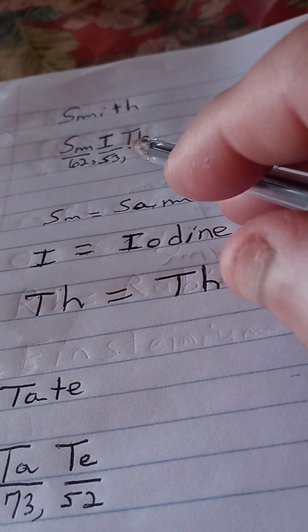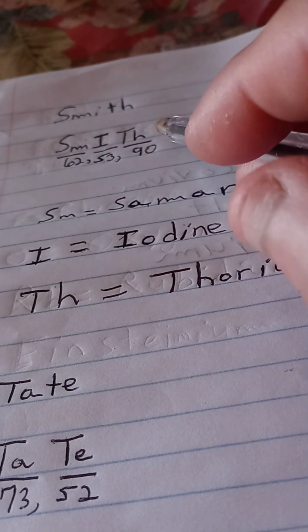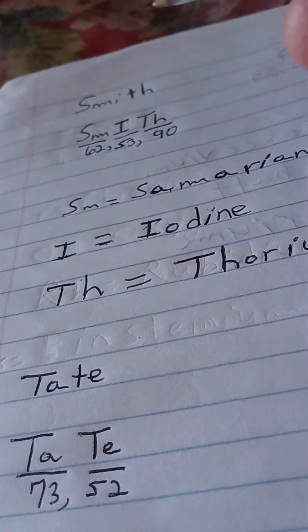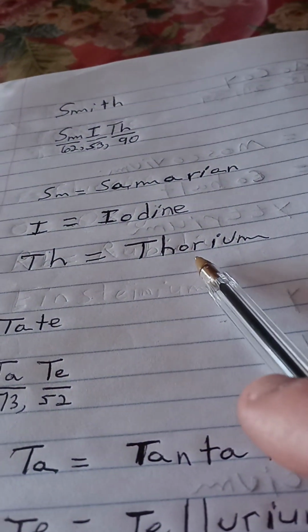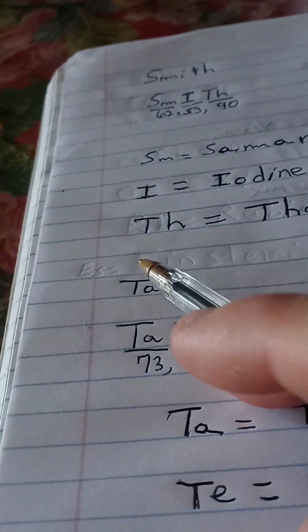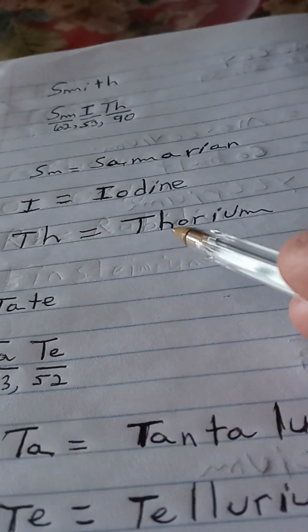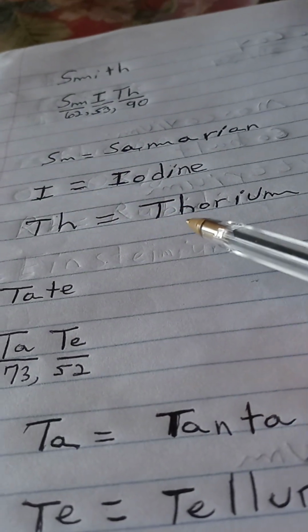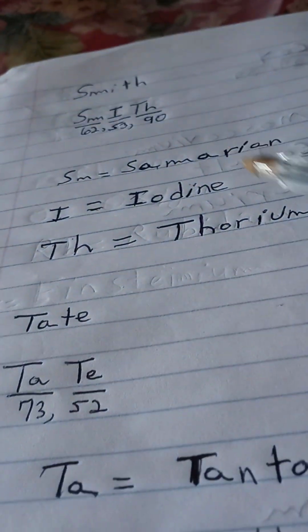The first letter gets a capital, here the T, then the H is lowercase. And that stands for capital T and small h, equals thorium, T-H-O-R-I-U-M.